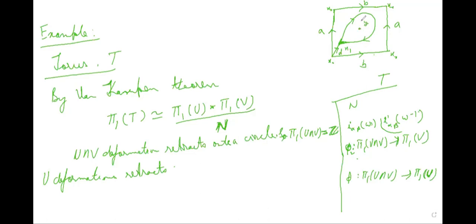You can slowly deform it to get this only, right? And with this identified with this and this identified with this. So when you have something like this, and if you identify this with this and this with this, you can verify that you will get figure 8.